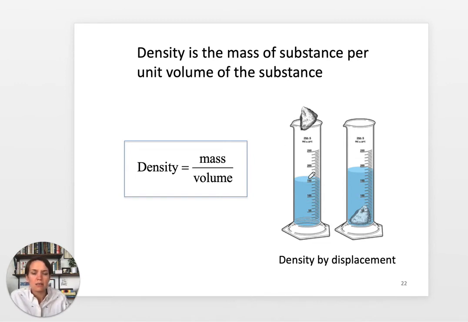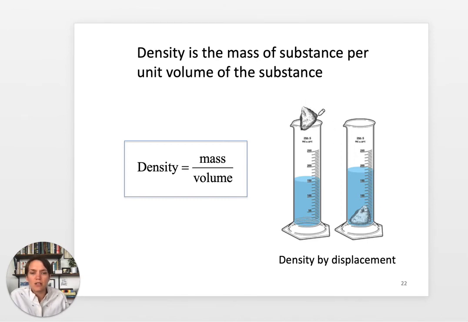So this example here, this figure, is showing us a concept that's really drilled home in lab, so I won't go too far into it. We also have a word problem that's coming up that we'll work through that uses density by displacement. But a common way of finding the density of an irregular shaped object, such as this ingot of metal, is to have a specific volume of water. It looks like this is 150 milliliters or thereabout.